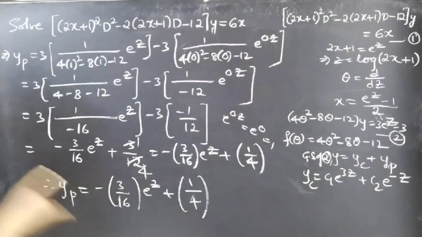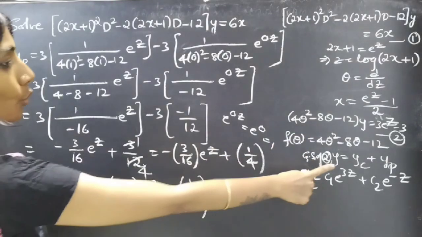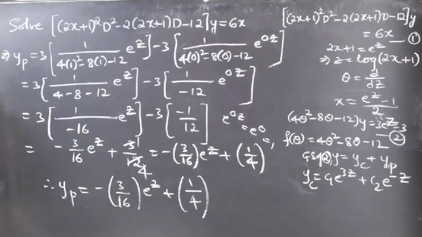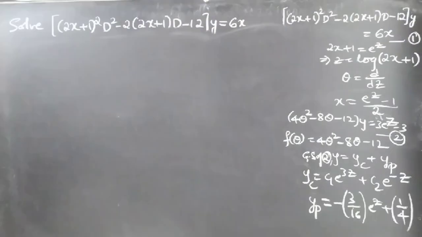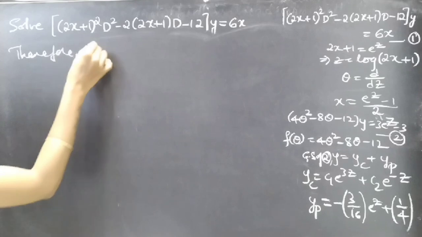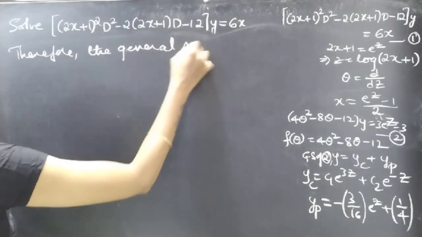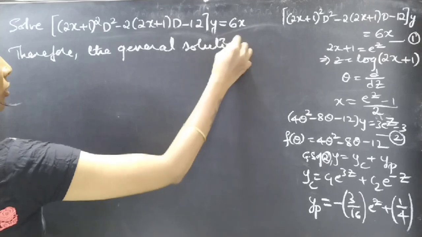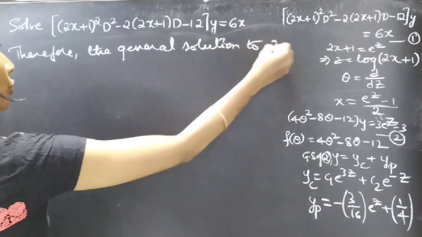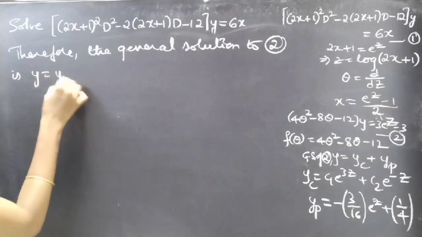We got yc and yp. Let's now find the general solution of equation 2 using y equal to yc plus yp. Therefore, the general solution to equation 2 is given by y equal to yc plus yp.